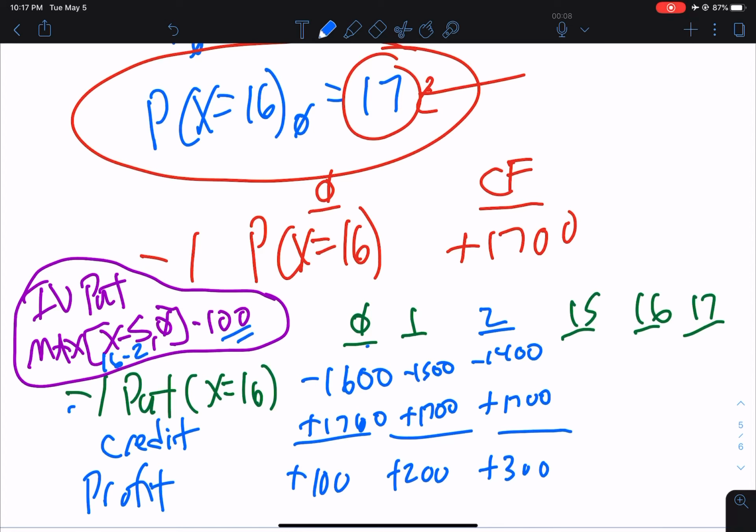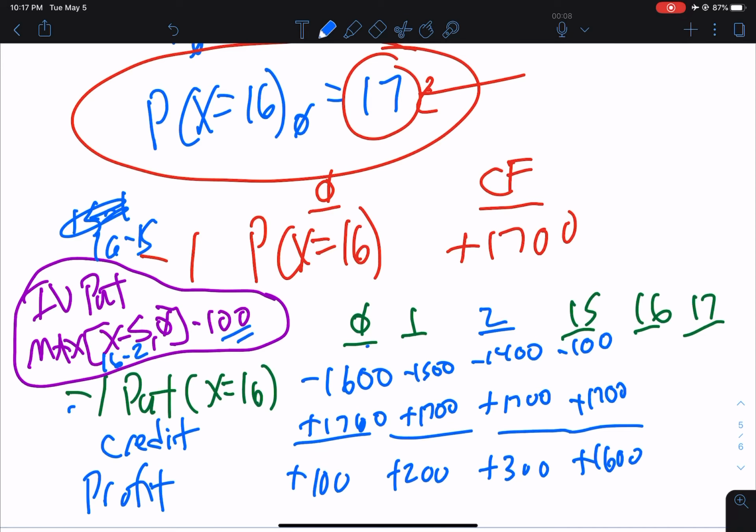Let's look at the stock price of 15. So over here we have 16 minus 15, or 1, when we multiply it by 100, that's 100, and so that's what we've got to pay to buy to close, so minus 100, but we still got that $1,700 credit. So there we make $1,600.